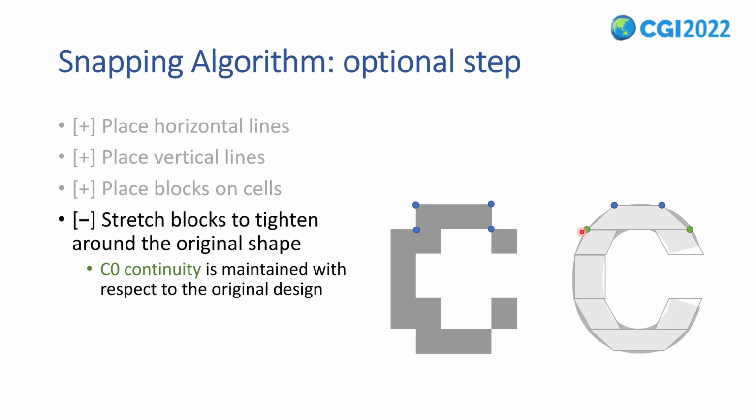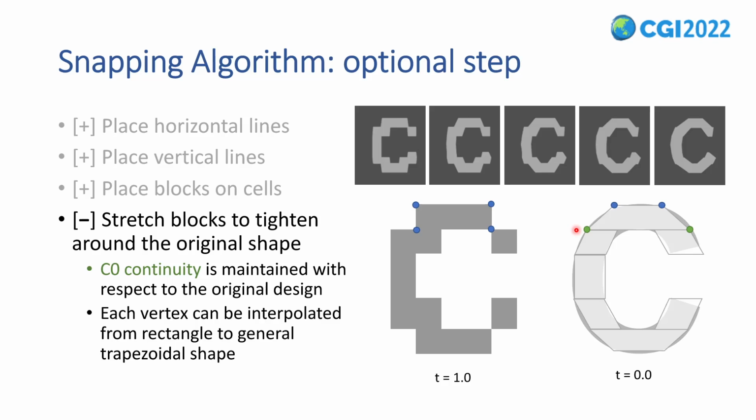We adjust the placement of these vertices so that C0 continuity is maintained. The correspondence between rectangles and trapezoids allows us to interpolate between these two designs. We set t equal to 1 as the blocky design and t equal to 0 as the trapezoidal design, and any t between 0 and 1 determines where all these vertices of the quadrilaterals will be.